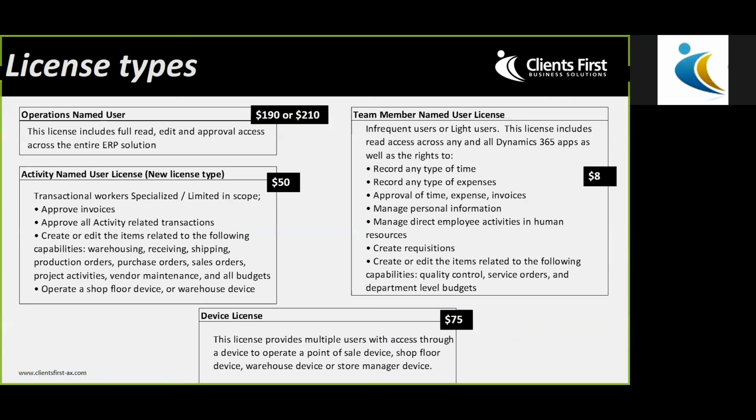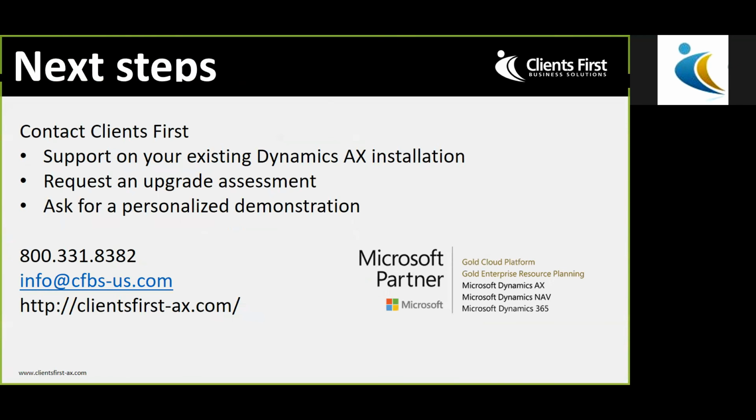Device users allow multiple users, so if you have one device on the shop floor that people log in and log out of and log on to different jobs, then you can use it as a device license. And then the full user, who can do anything, is the most expensive license. So that's just a quick overview of the different kinds of licenses.